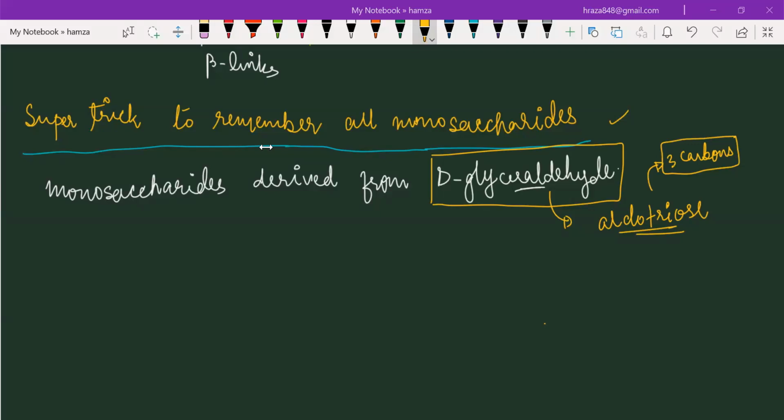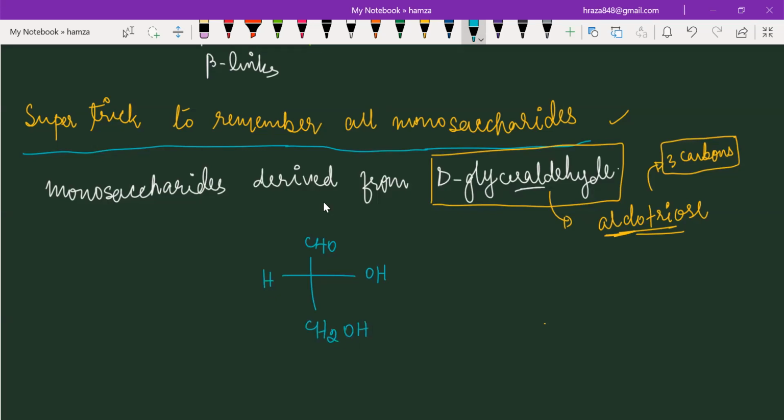Very good. And since it is aldo, that means an aldehyde group will be there. So I'm going to derive this. So see, CHO, and this is basically OH on the right-hand side and H on the left-hand side, and this is CH2OH.